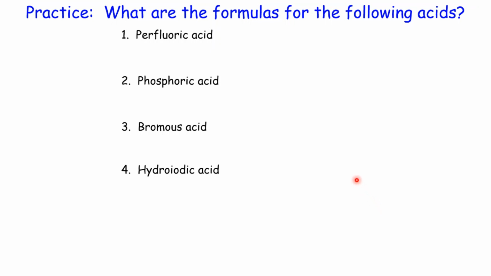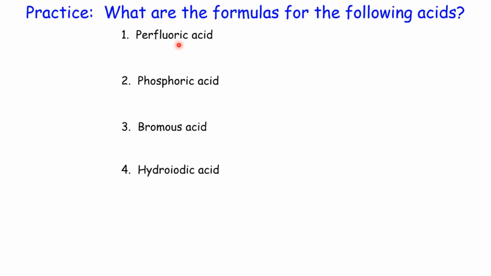Okay, more practice. What are the formulas for the following acids? Perfluoric acid. Of course, the cation is hydrogen, and then the anion, perfluoric, which means it has one more oxygen than the one with ate.